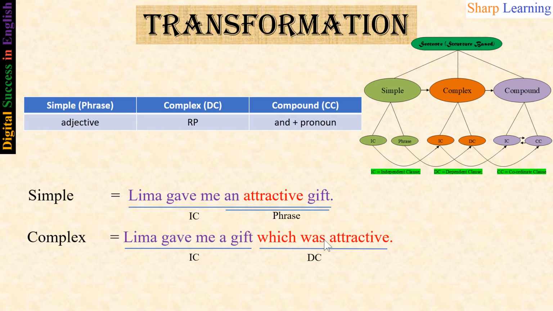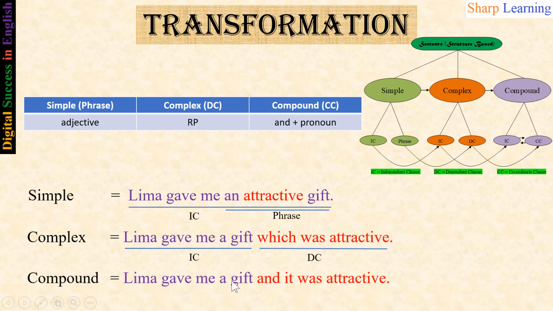So how can I make it compound? Very easy. IC will be IC and DC will be CC and nothing else. See here the picture. Lima gave me a gift, IC, and it was attractive, it has been a CC. And is the conjunction, it is the subject.